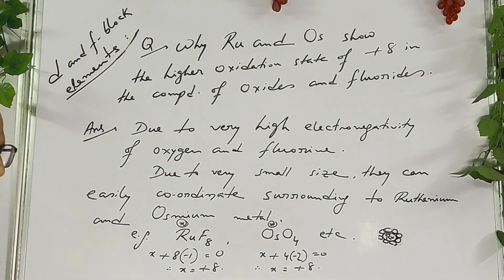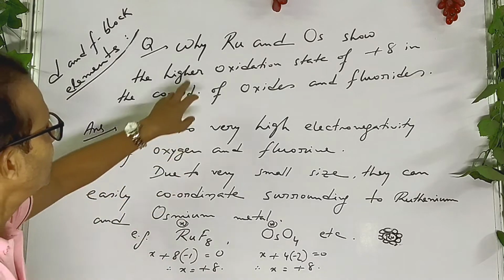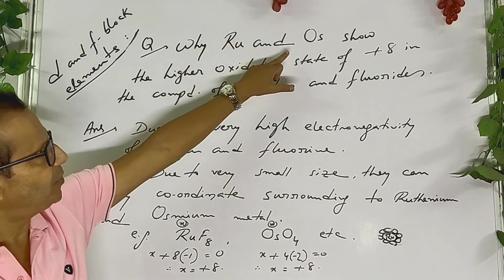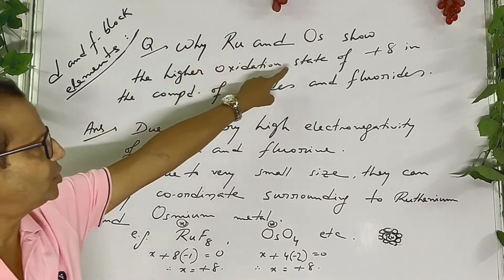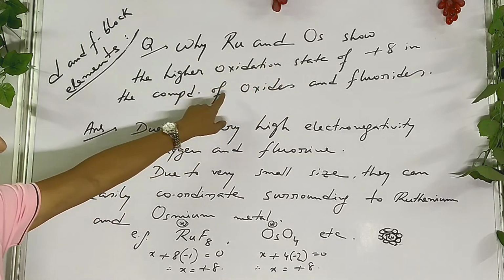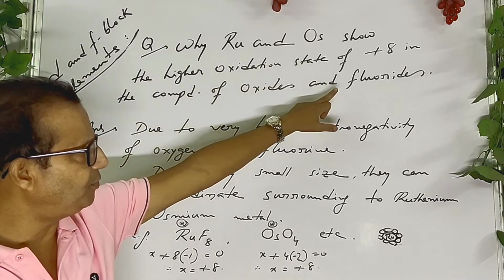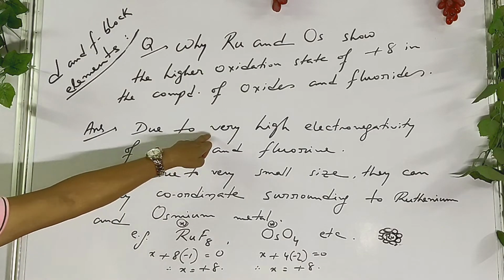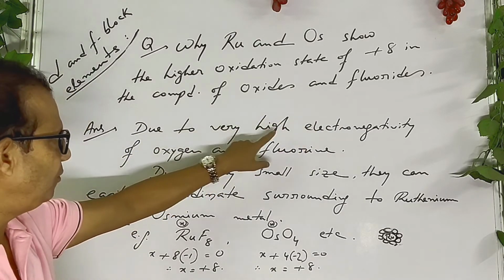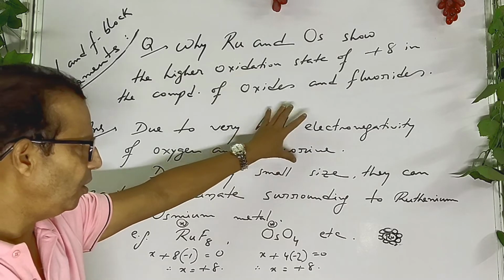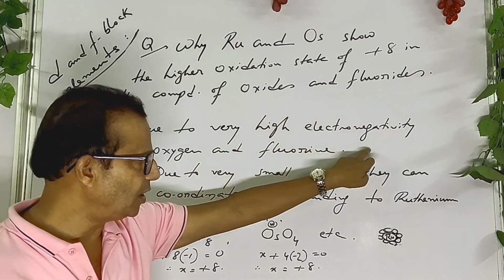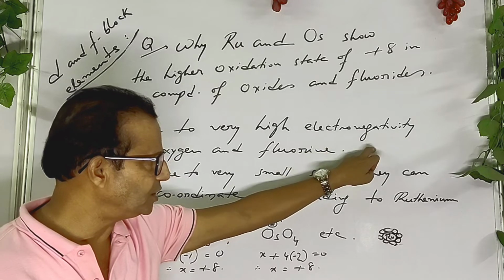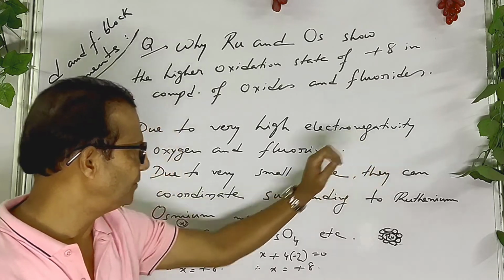Okay, so listen, why do ruthenium and osmium show the highest oxidation state of +8 in the compounds of only oxides and fluorides? The answer is due to the very high electronegativity of oxygen and fluorine, they form very strong bonding.